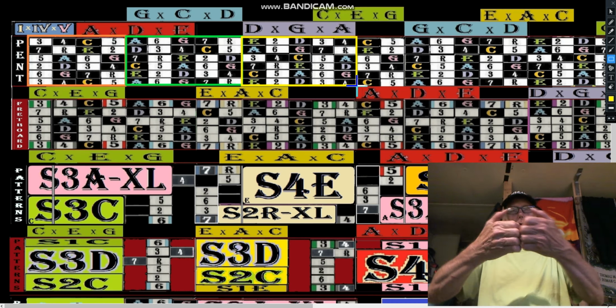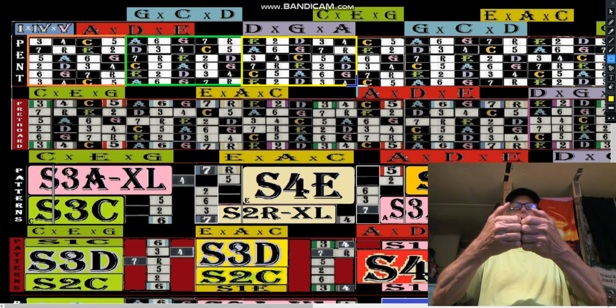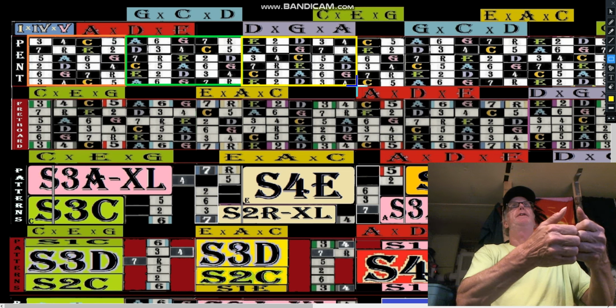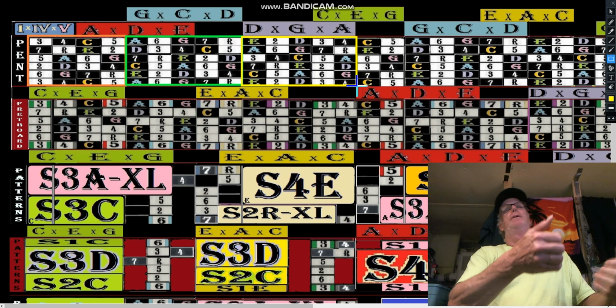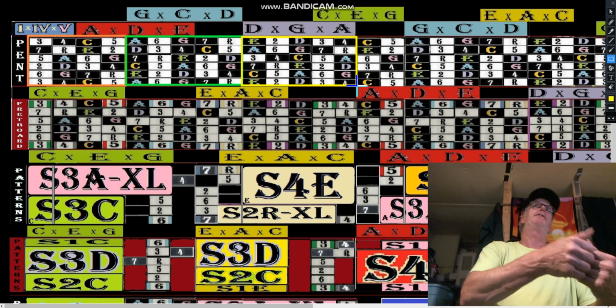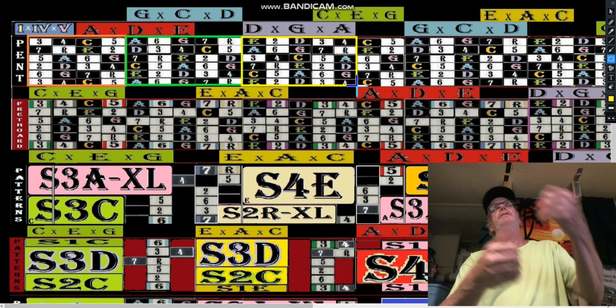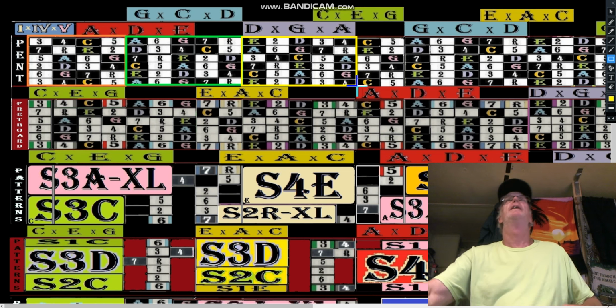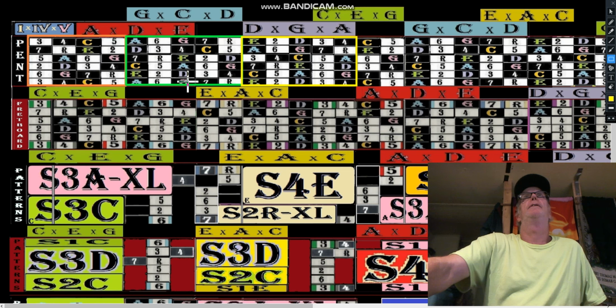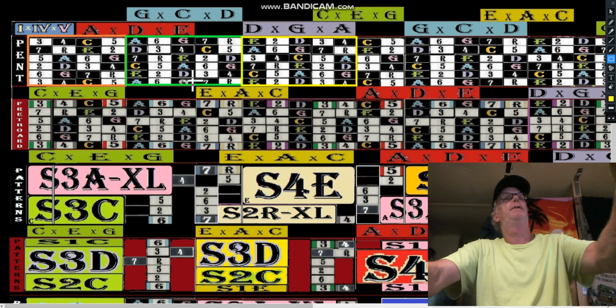They are borderline neighbors. C and G. G is the fourth of C. C is the fifth of G. D is the fifth of G, and G is the fourth of D.